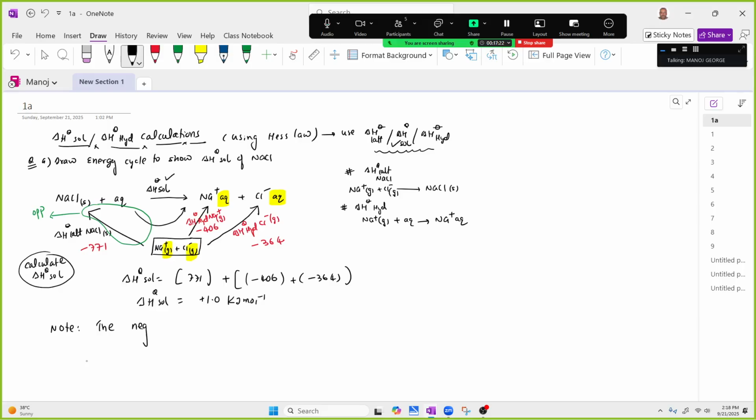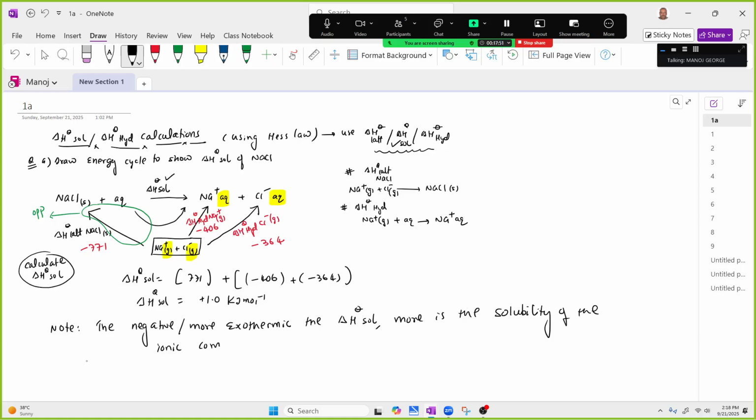The more negative, or more exothermic, the delta H solution, the more is the solubility of the ionic compound.